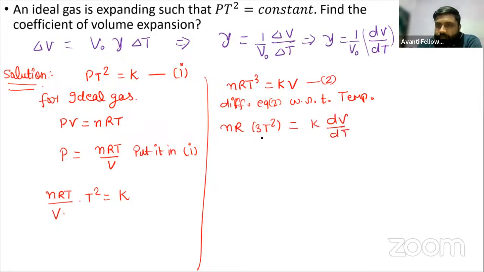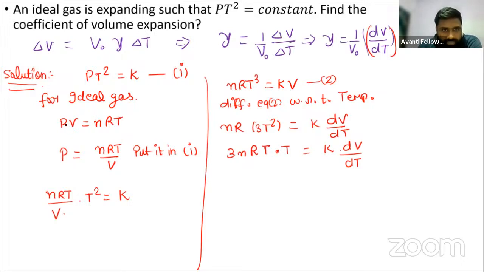Differentiation of T cube is 3T square, and differentiation of V with respect to T is dV by dT. So 3nRT into T equals K dV by dT. So dV by dT we have found. We need to divide it by only the initial volume.